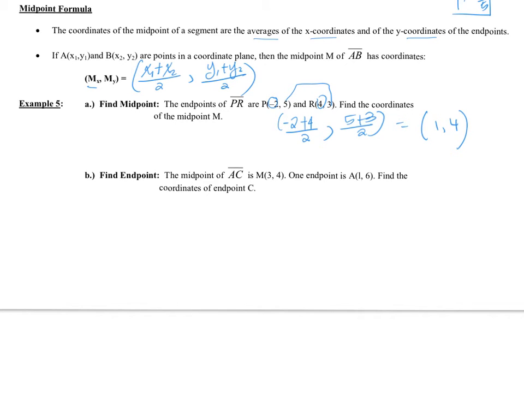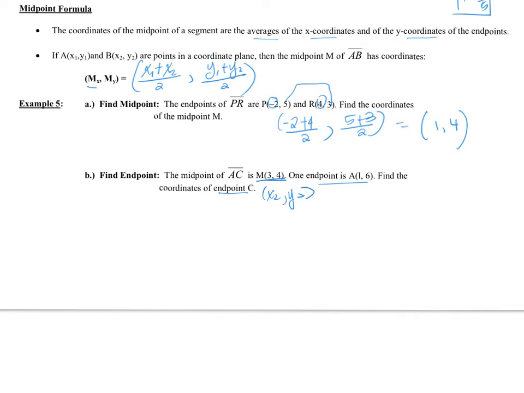Now the question could change a little bit, where you can be asked to find the endpoint when you're given a midpoint and another endpoint. So I'm going to call endpoint C x2, y2.